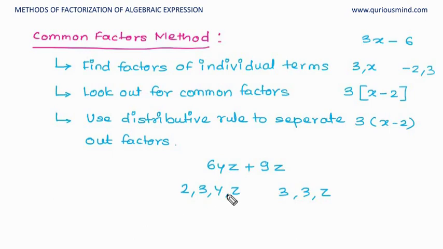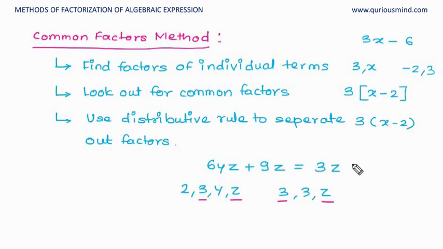And then this would be equal to, let's look out for the common factors. Common are 3 and 3 here, z and z here. So we'll take this common out, 3 and z, 3z out.